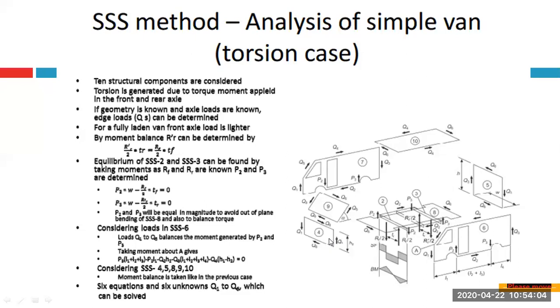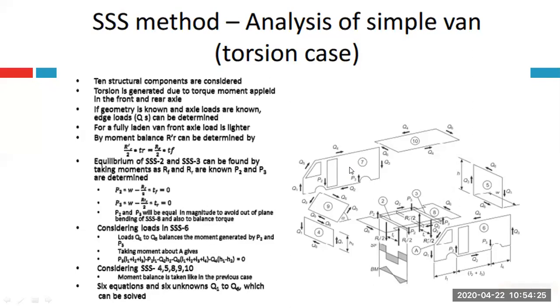Let us say this is the opening from where you're going to have air intake for your engine. After 4, component number 5 is the rear panel. Then component number 6 is the left side panel for your van. Component number 7 is the right side panel.